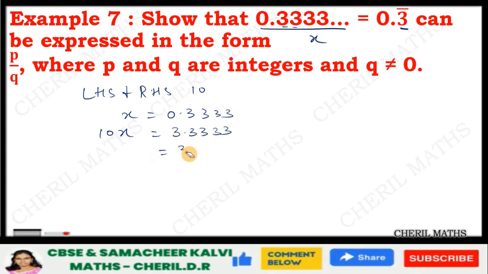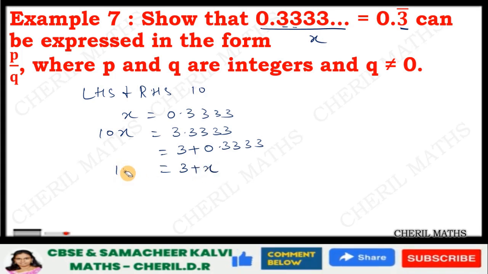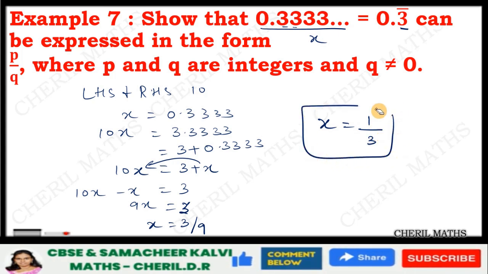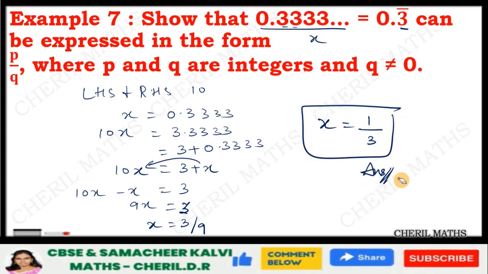That you made to be 3 plus 0.3333, which is 3 plus x, which was your 10x. So taking x across, you got 10x minus x equal to 3. So 9x equal to 3 and x is equal to 3 by 9. Therefore we got the value of x to be 1 by 3 and this is our answer. Have you understood this, children? Yes.